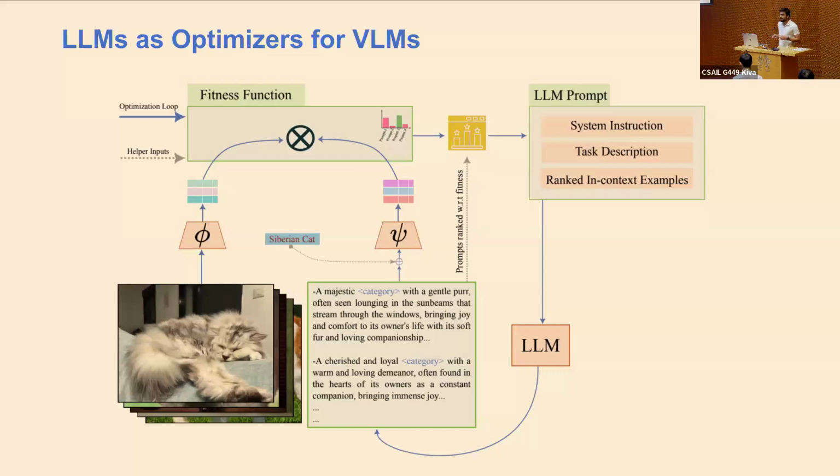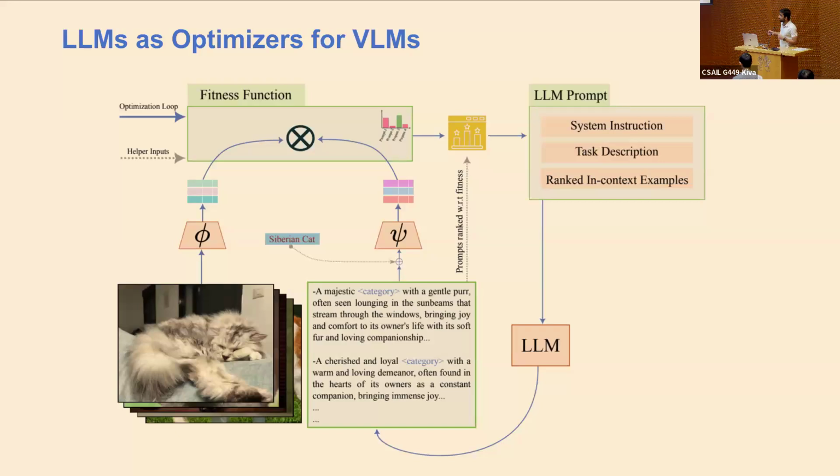We want to prompt the LLM in an iterative fashion to come up with better prompt templates. This is done through this LLM prompt, which contains some system instruction, some task description, and ranked in context examples. I will explain what exactly they are. This is how the optimization procedure would typically go.